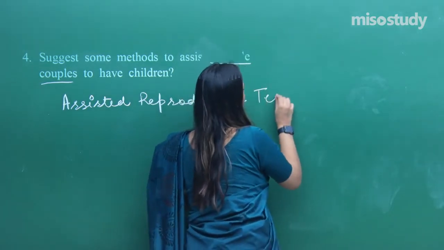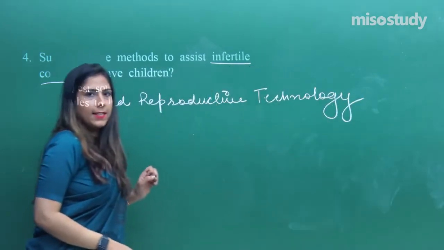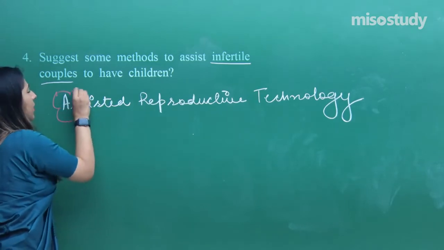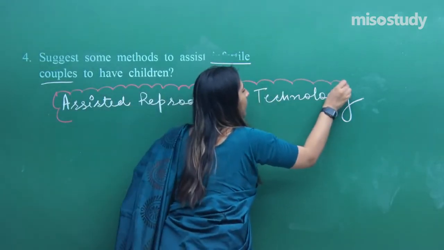These are the methods which a couple can adopt if they are infertile, right?